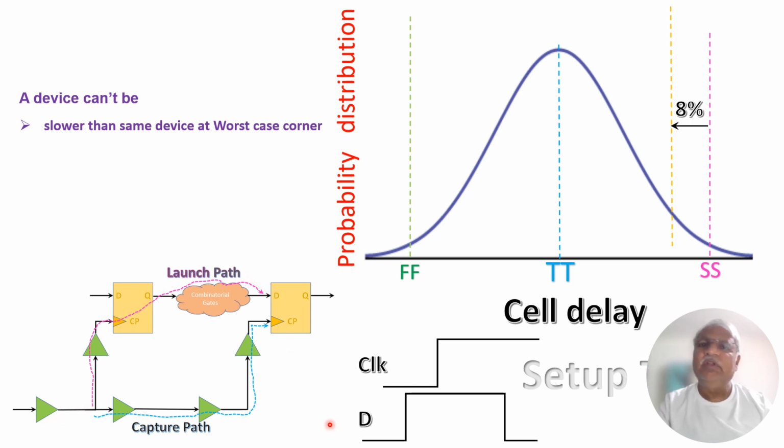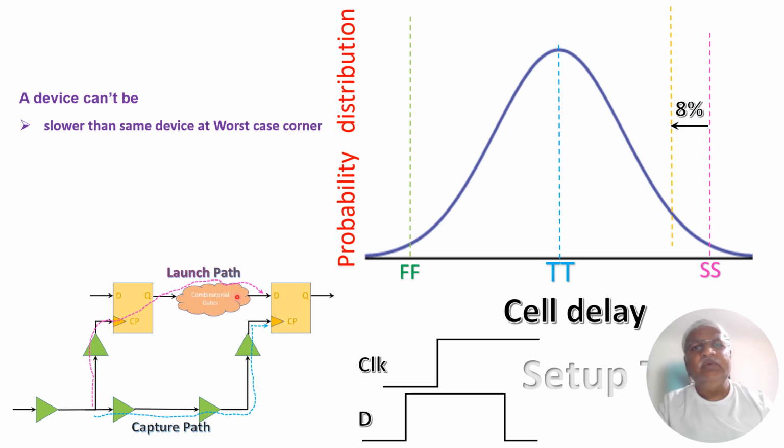Now, how do we get the pessimistic scenario? Here this logic is already in SS condition, so these cells are considering the largest delays, accumulating.